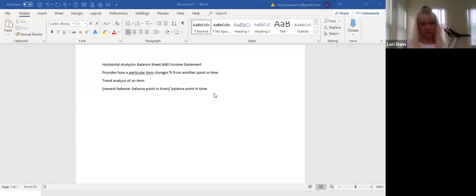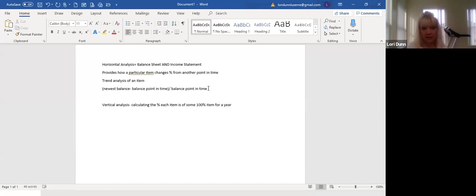Now the other analysis is vertical. And with vertical analysis, we are calculating the percentage each item is of some 100% item for a year.